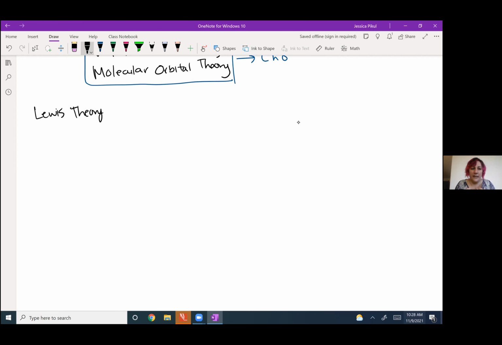So this is a pattern, or an algorithm, that we can use to make predictions about what something might look like. It's a good rule set to learn, and we can use it as a shortcut to thinking about what something's polarity would be, and use VSEPR theory with it. So the idea that this hinges on is the Lewis dot symbol.